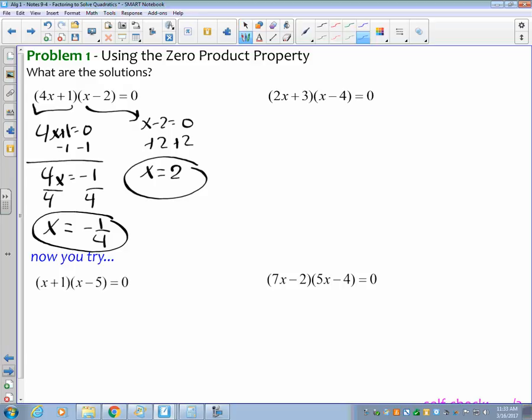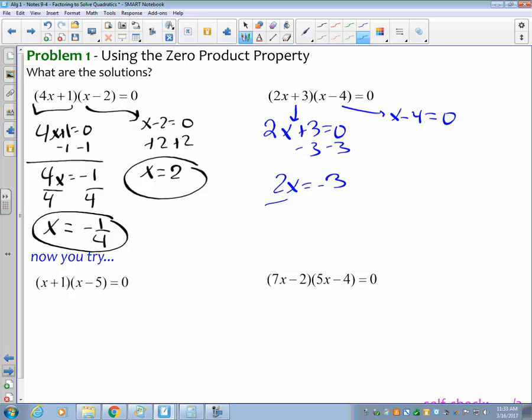For my second one, we're going to let 2x plus 3 equal 0, and x minus 4 equals 0. When you factor, it creates two solutions. We subtract 3 from both sides, and we get 0 minus 3 is -3.